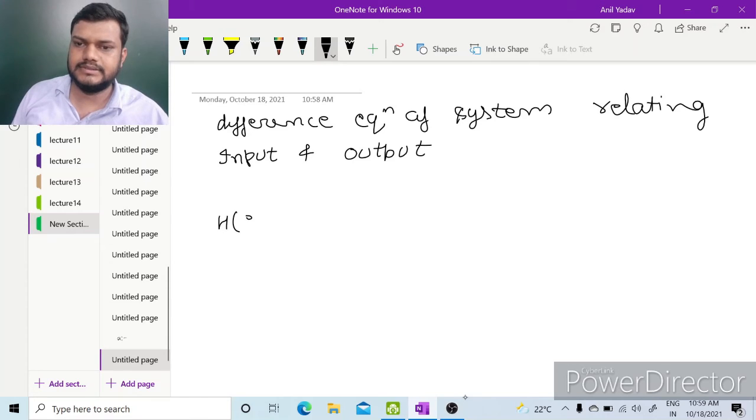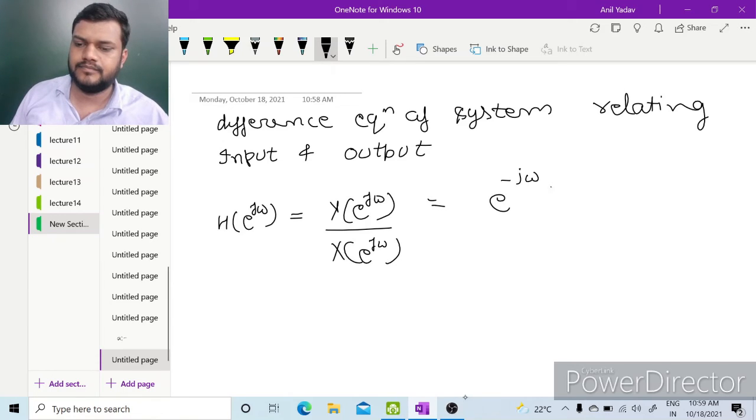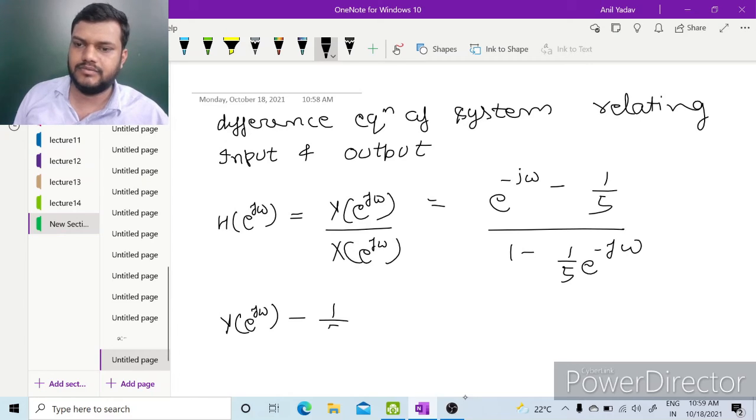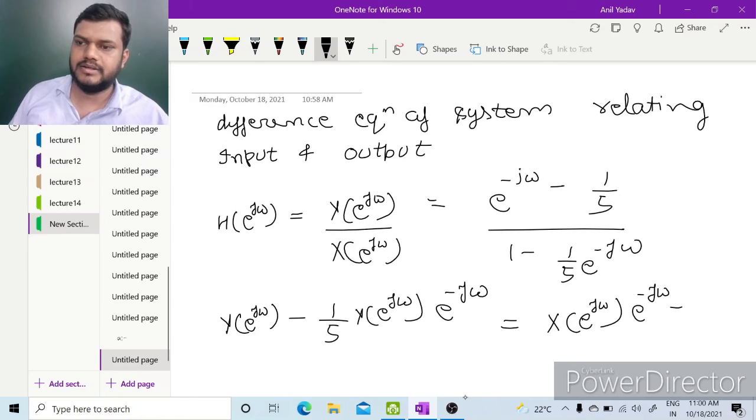So we know that H(e^jω) is Y by X, which is given as 1 minus 1 by 5 e to the power minus jω. Multiplying both sides, we get Y(e^jω) minus 1 by 5 Y(e^jω) e to the power minus jω equals X(e^jω) e to the power minus jω minus X(e^jω) by 5.